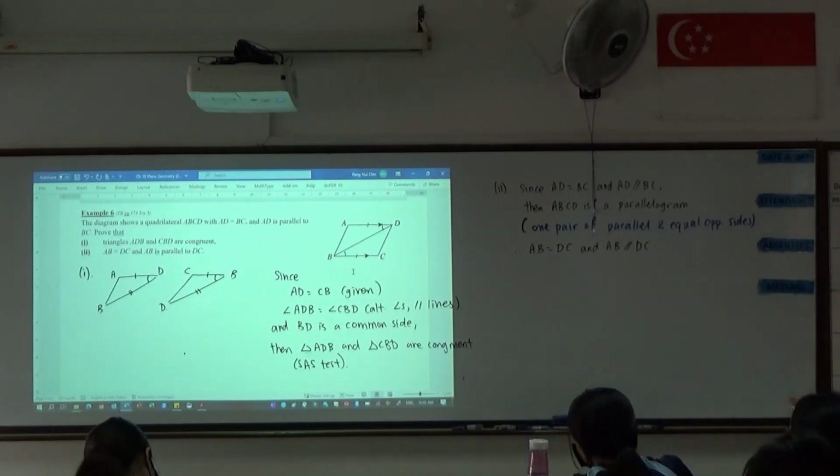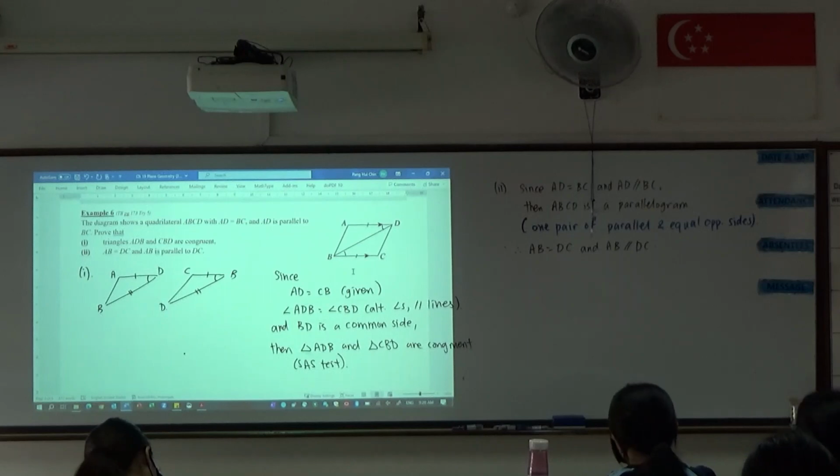Because we are able to prove that it is a parallelogram, then naturally the properties of parallelogram will follow, whereby AB must be equals to DC and AB must be parallel to DC.